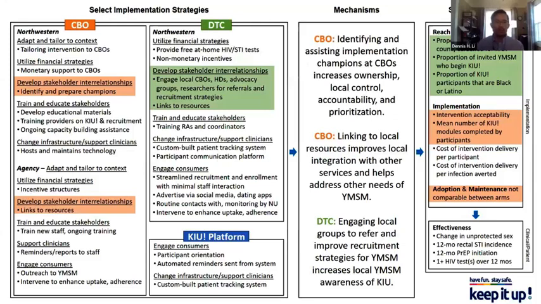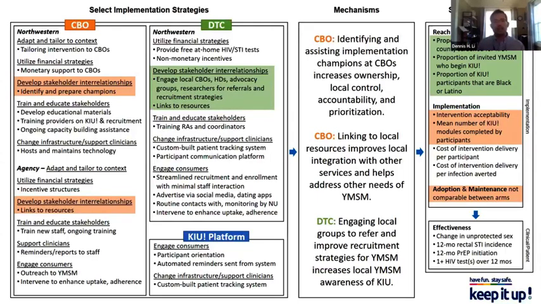We developed stakeholder interrelationships in both arms. Just to highlight a few examples, for the CBOs, we identified and assisted implementation champions at each of the CBOs. So that increases ownership, local control, prioritization of Keep It Up within that organization. Hopefully that translates to increased fidelity of delivery.